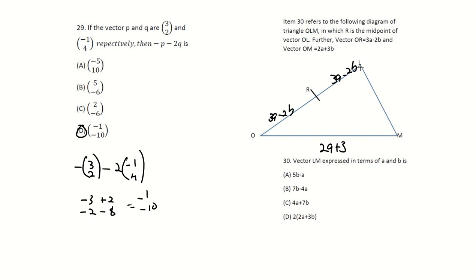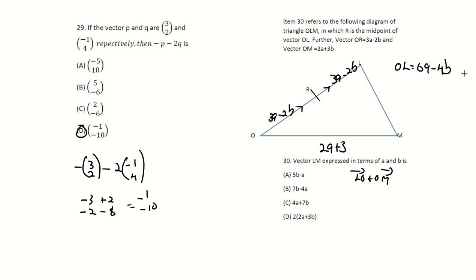They want L to M. Because we know this was in this direction here, we're going in the opposite. So we want OL. First off, OL, you're adding these two: 3A and 3A is 6A, minus 2B and minus 2B is minus 4B. So we're going from L to O plus O to M. O to L is 6A minus 4B.